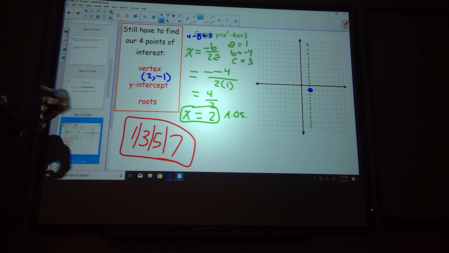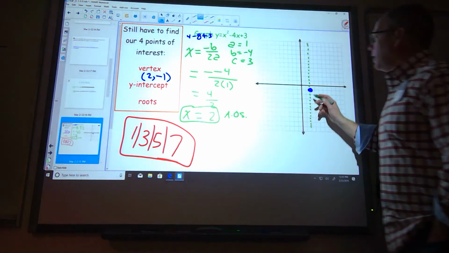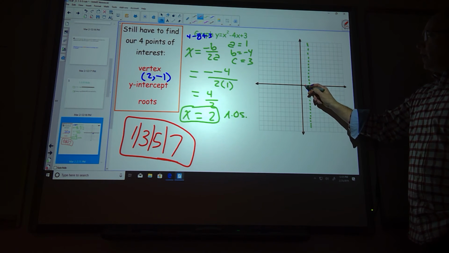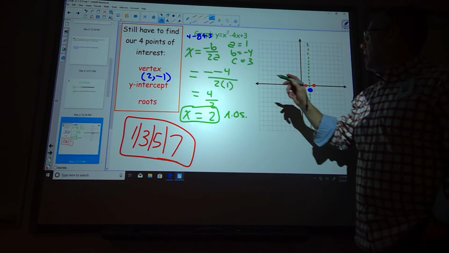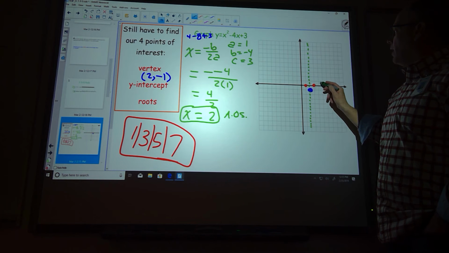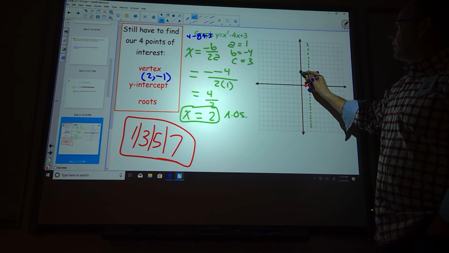A value is 1, so 1, 3, 5, 7 is going to work. We don't have to use them all. So watch this. Ready? From my vertex, I'm going to go right 1, up 1, left 1, up 1. Okay, so far? From my new points, I'm going to go right 1, up 3, left 1, up 3.